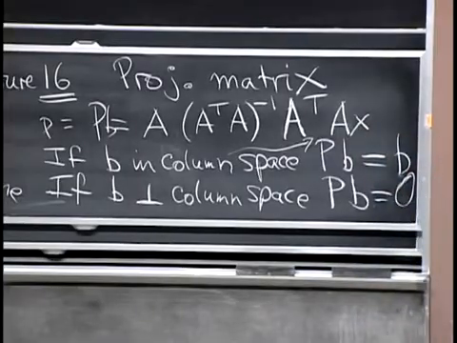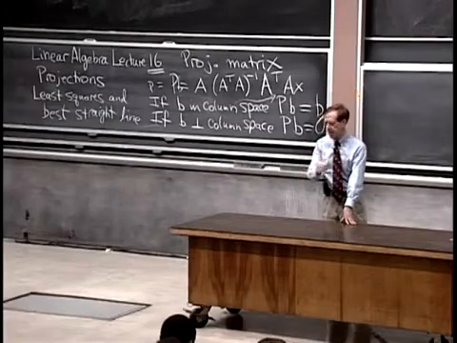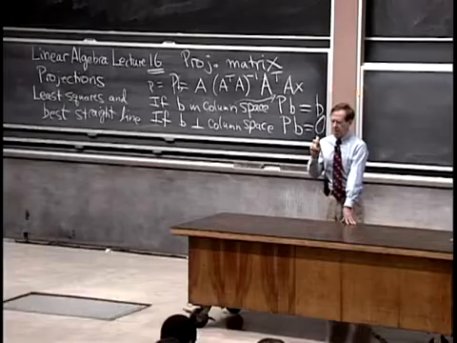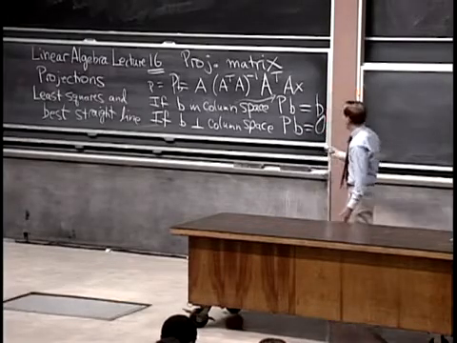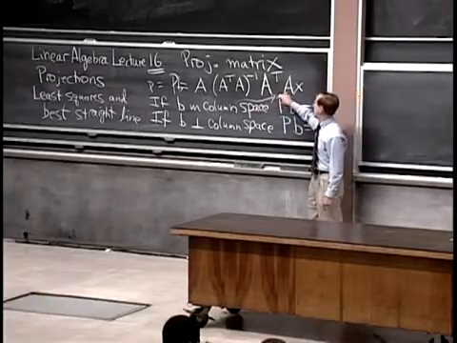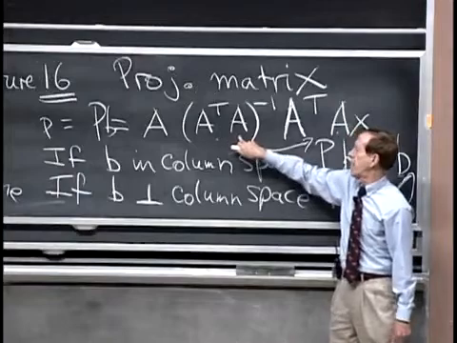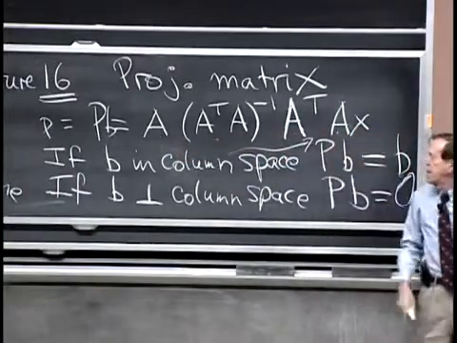I'm going to stick that on the quiz or the final for sure, that you have to realize, because we've said it like 1,000 times, that the things in the column space are vectors A times x. Okay, and do you see what happens now if we use our formula? There's an A transpose A, gets canceled by its inverse. We're left with an A times x.